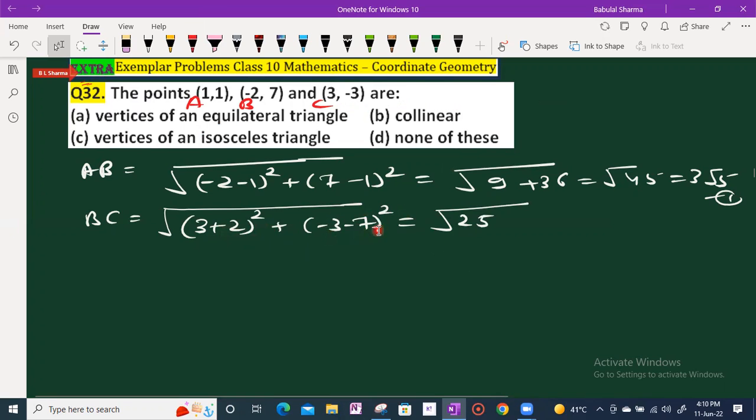Minus 3 minus 7, minus 10 whole square, that is 100. Total is square root of 125. So you can write 5 root 5 unit.